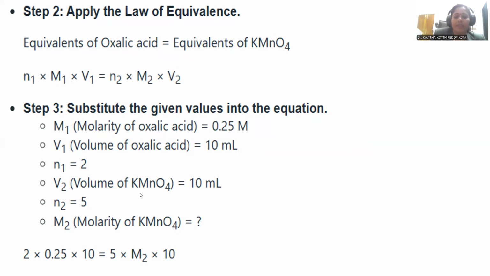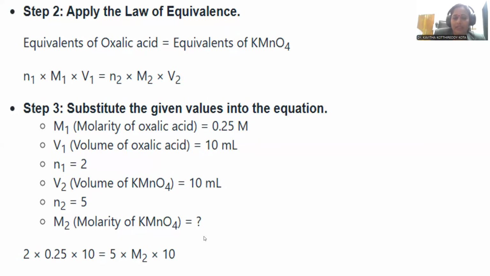Then the volume of KMnO4 for the titration process, the volume of KMnO4 consumed from the burette, will be 10 ml. This is also provided within the problem. And the N factor for potassium permanganate will be 5. This is also calculated by using the formula. The only requisite quantity is the molarity of KMnO4, that is to be determined.